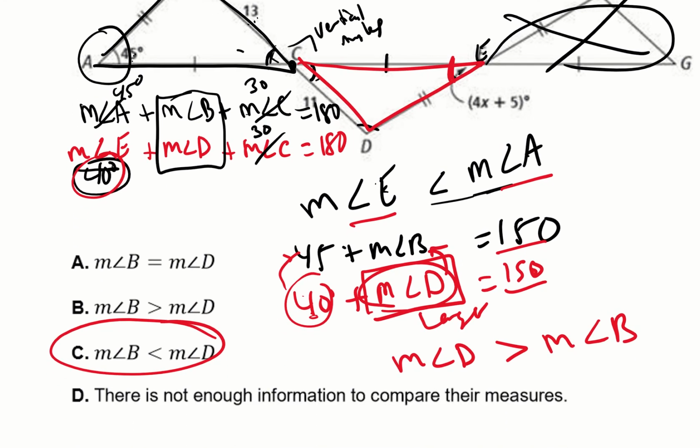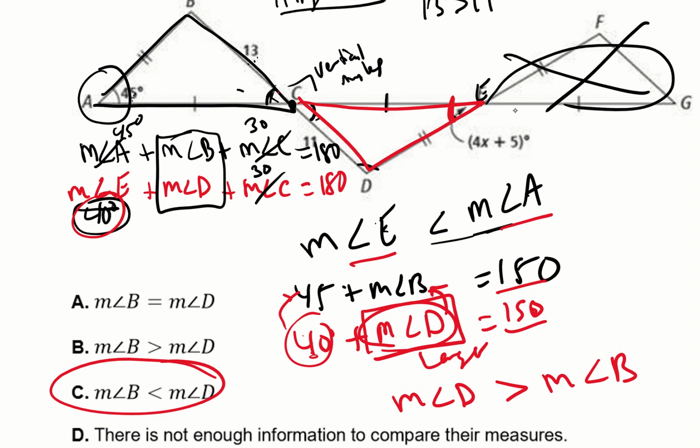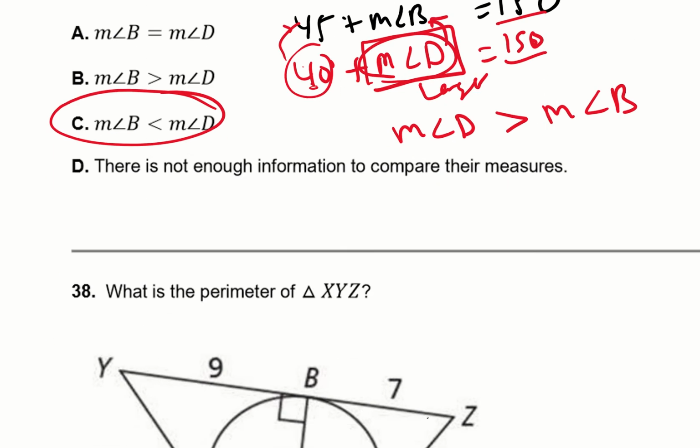So there's a lot of argument going on there. So we ended up using the Hinge Theorem and vertical angles along with the triangle angle sum theorem to show the relationship between those two angles.